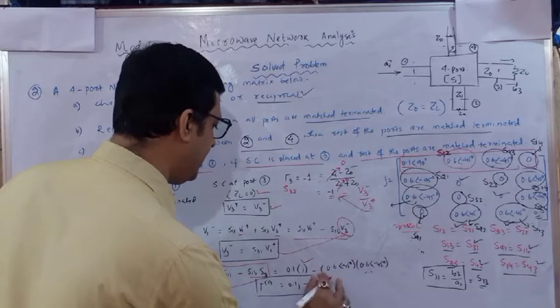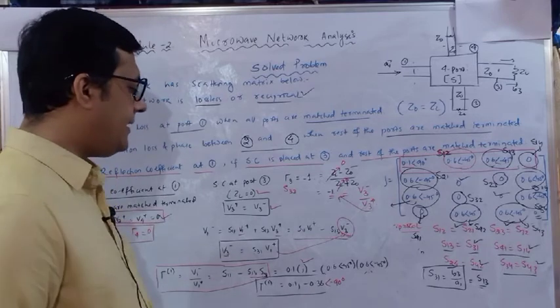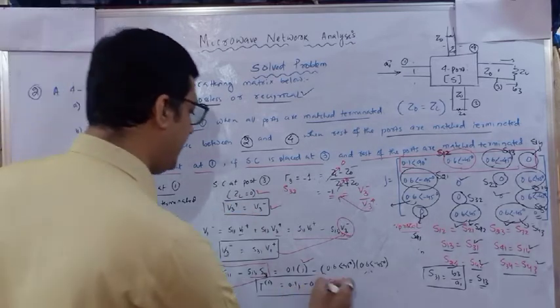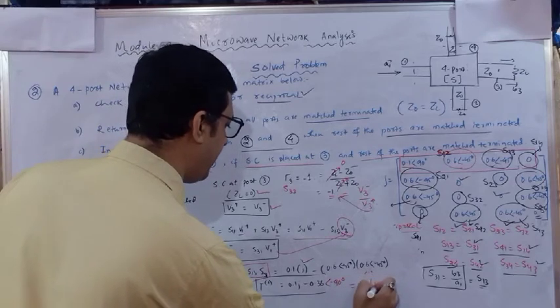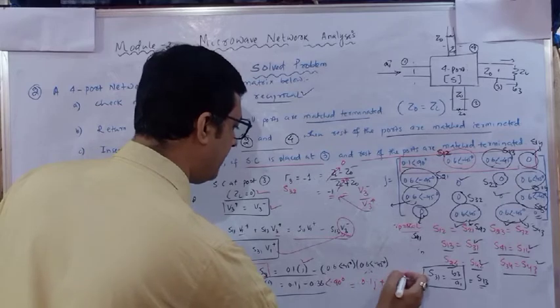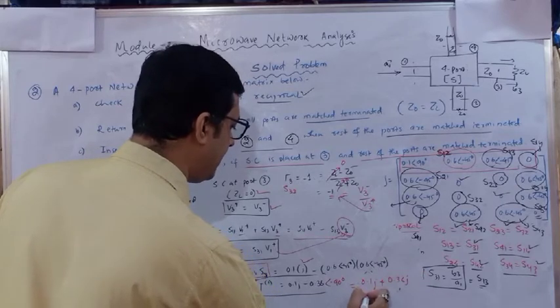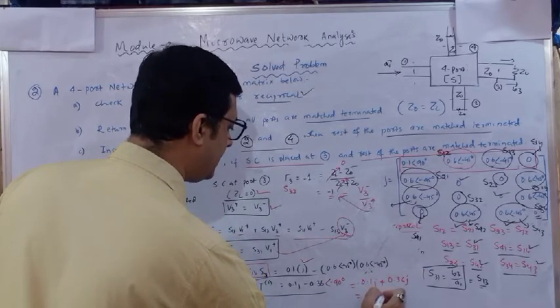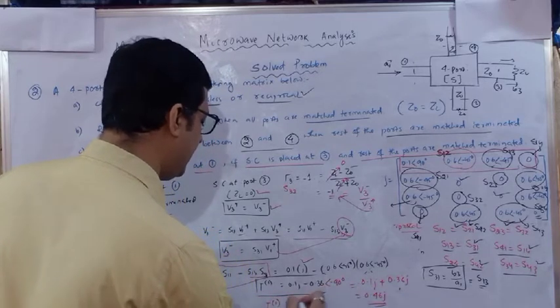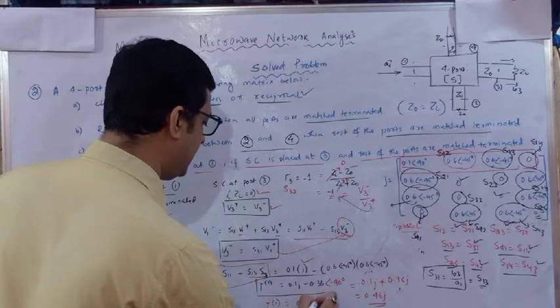So it is 0.36 angle minus 90 degrees, which becomes minus j. So minus minus is plus. So it is 0.1 j plus 0.36 j, which equals 0.46 j. Or the reflection coefficient I can write as 0.46 angle 90 degrees. So this is my answer.